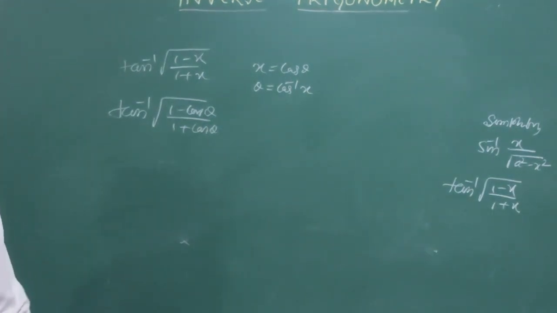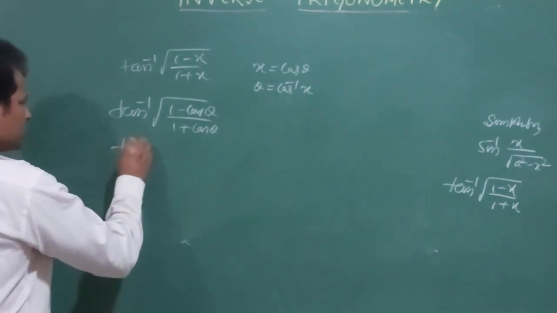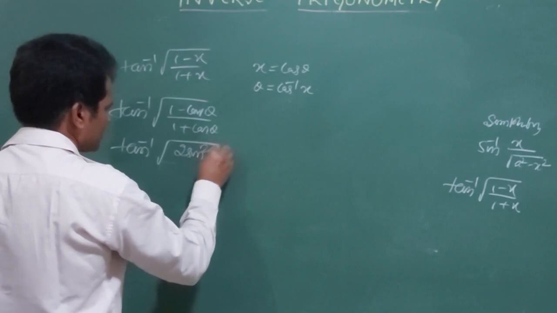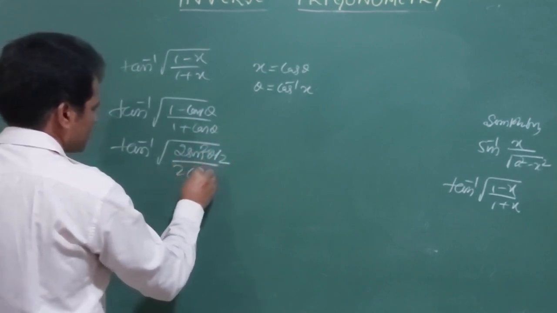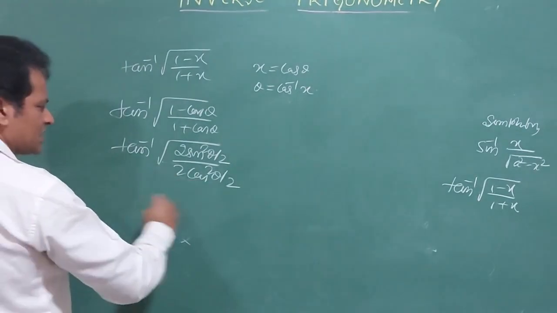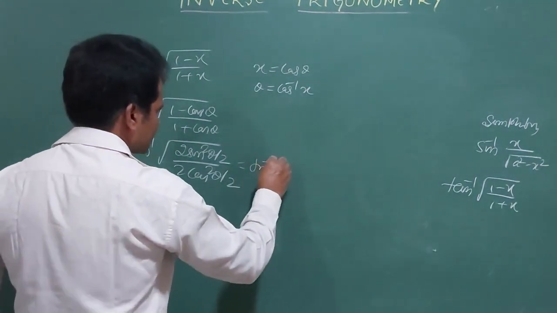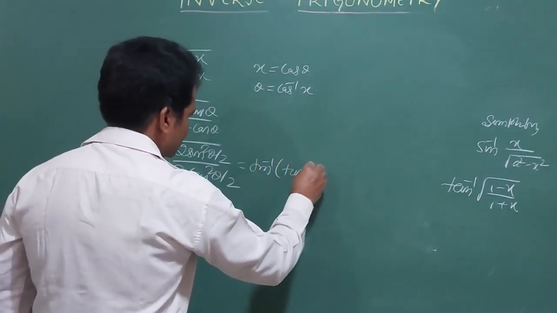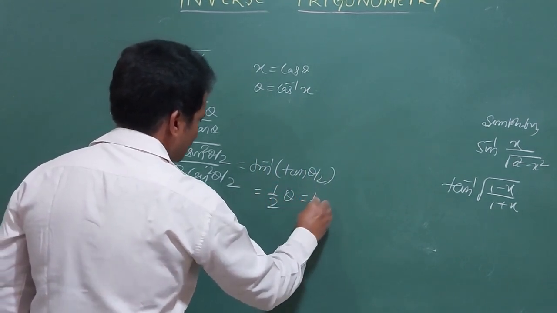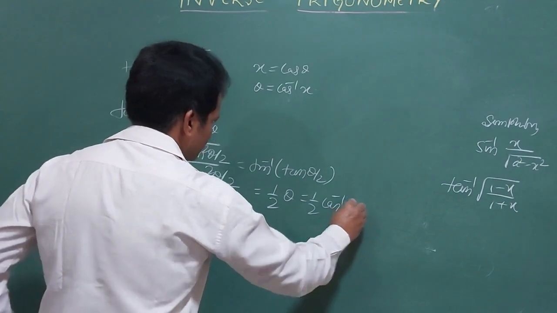No marks will be deducted. Tan inverse of 2 sin square theta by 2 by 2 cos square theta by 2. 2 cancels out, sin square theta by 2 by cos square theta by 2 is tan square theta by 2, so tan inverse tan theta by 2 gives theta by 2, that is half of cos inverse x. That's all.